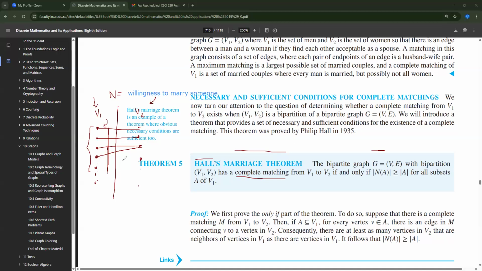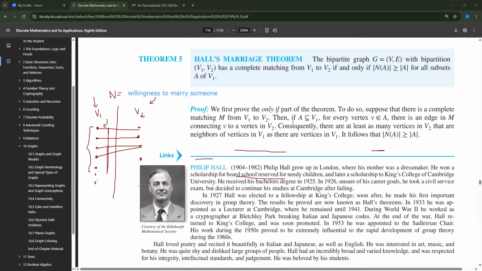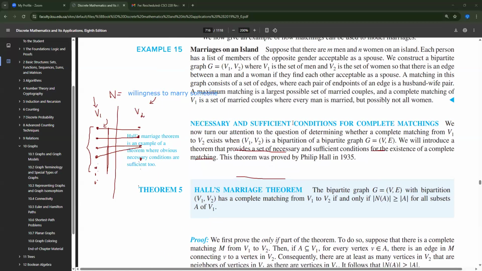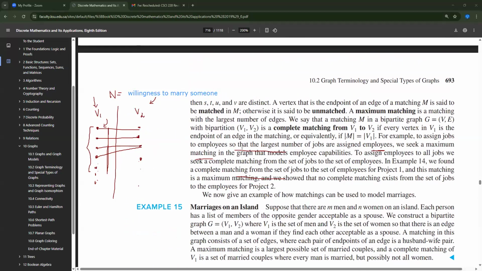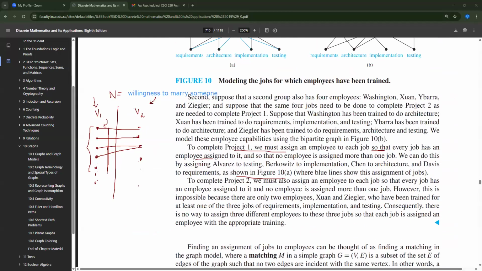The one where all the vertices in V1 and all the vertices in V2 are meshed. That might be the complete one. No, complete is where all the vertices in V1 are matched to one of the vertices in V2.